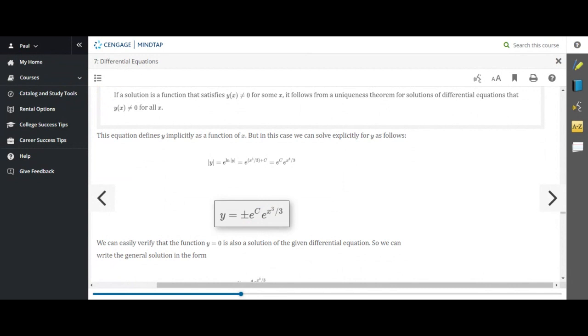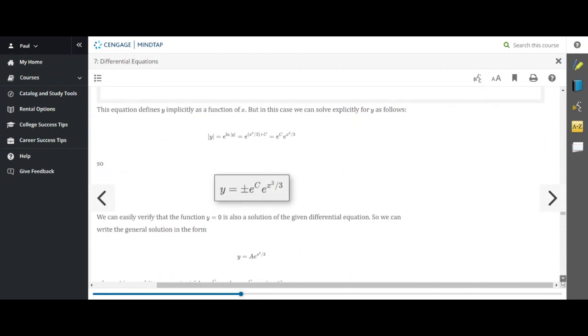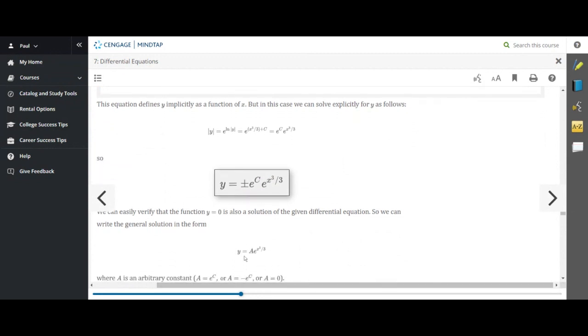And what we can do is take that plus or minus e to the constant and just replace it with a. And so y equals a times e to the power x cubed over 3. It's a family of solutions because a is not determined, and that's your family of solutions.